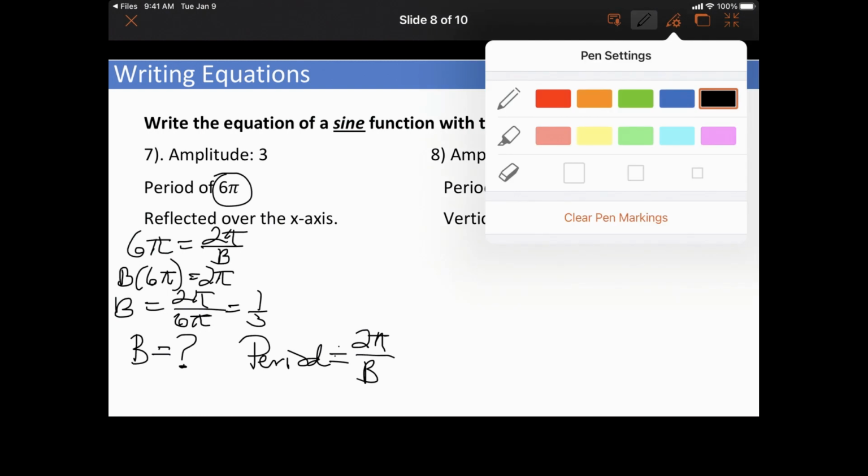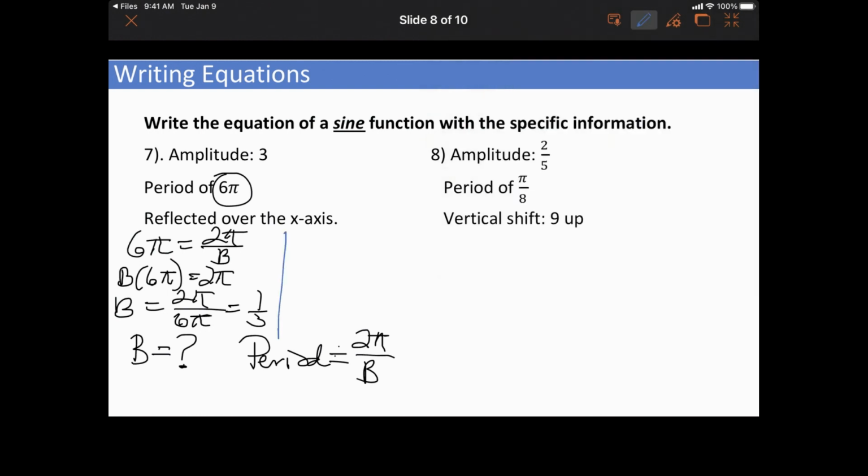So that's our B. Okay, so my equation is f of x equals, all right, sine, amplitude of 3. My B is 1/3, so it's x over 3. Reflected over the x-axis, so that's going to be negative in front. You can put parentheses if you want to or not. It's up to you.